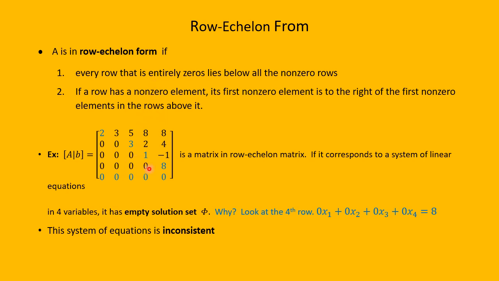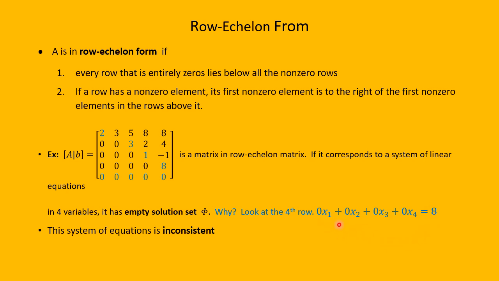If we look at this fourth line and think of this as an augmented matrix for a system of equations, we can think of this fourth line as being 0 times x1 plus 0 times x2 plus 0 times x3 plus 0 times x4 equals 8. So 0 plus 0 plus 0 plus 0 equals 8.